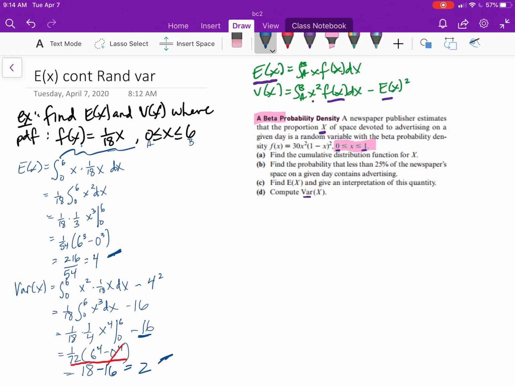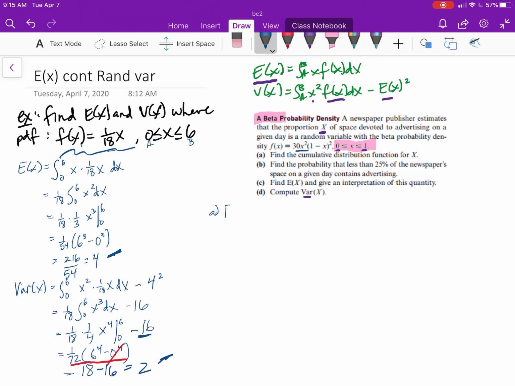Okay, A. Find the cumulative distribution function. Remember, the cumulative is taking this PDF and changing it to where we know the total at any given point. And in order to do that, we need to integrate.